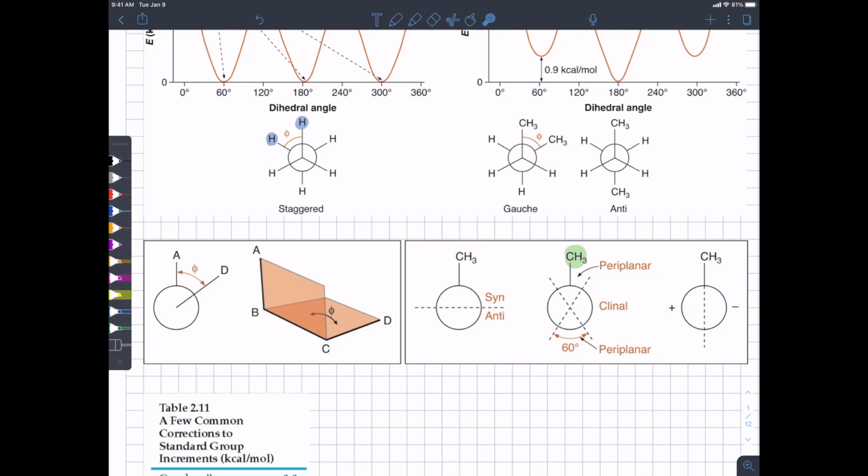This is why you'll hear, if you're teaching 351 this semester, about how the E2 reaction involves an anti-periplanar arrangement of the beta proton with its leaving group, and that's the combination of those two terms. I honestly don't really bother with what clinal means, and apparently this is the sign convention. So clockwise is negative and counterclockwise is positive, I guess, for dihedral angles.